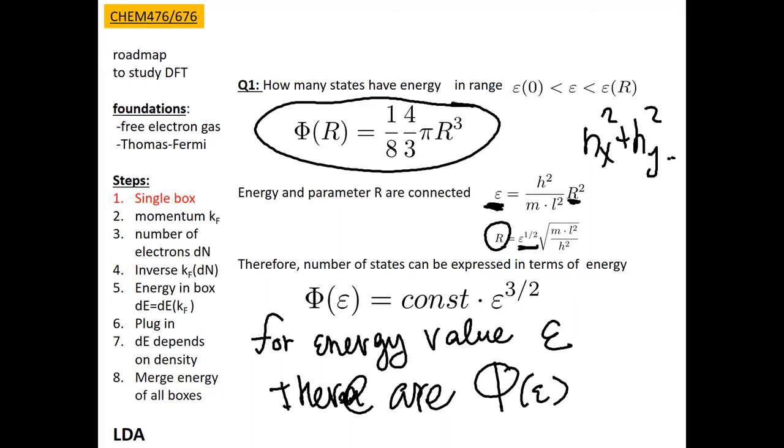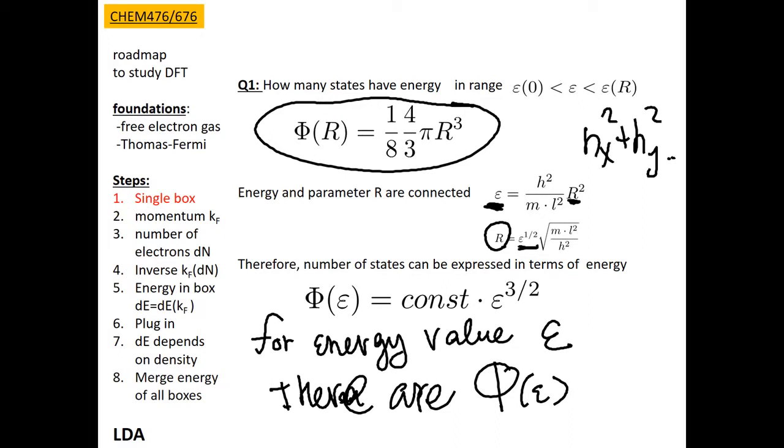So the number of states, okay, I caught myself on the error, but if you didn't find it, it's good. Here all is correct, but the last equation is not leading in the right direction.